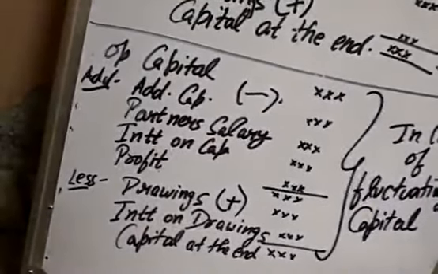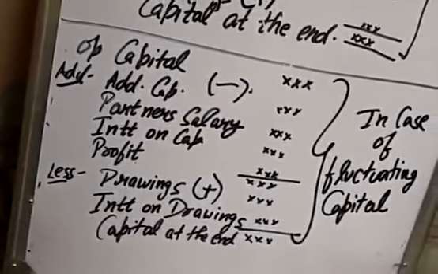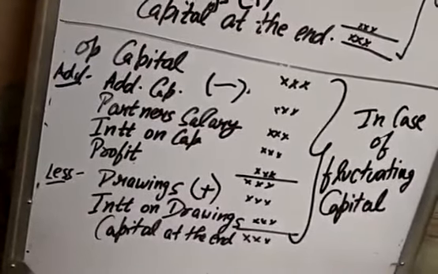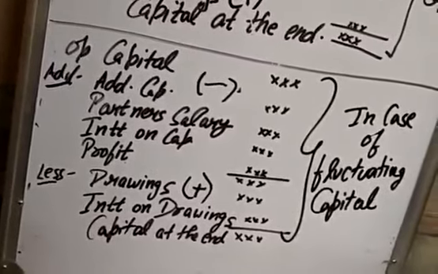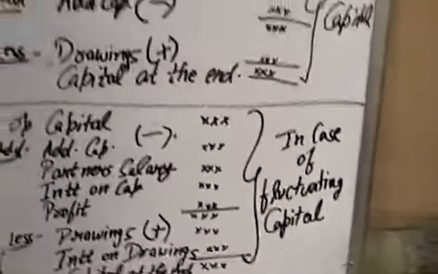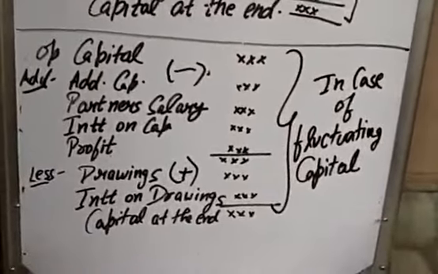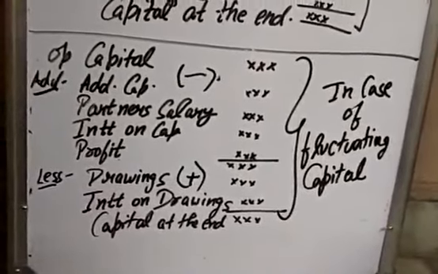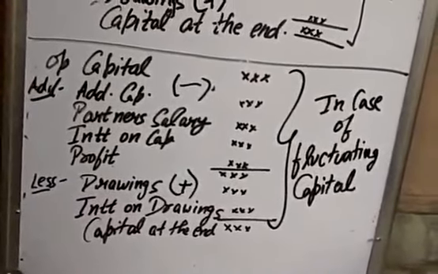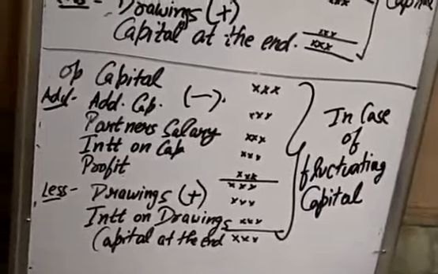Okay, by doing this our answer will be opening capital, and we can easily calculate interest on capital on the opening capital. Okay students, so these are the cases of fixed capital and fluctuating capital. Students, we can also do this calculation in the form of an account. So I will explain it to you in the form of an account.